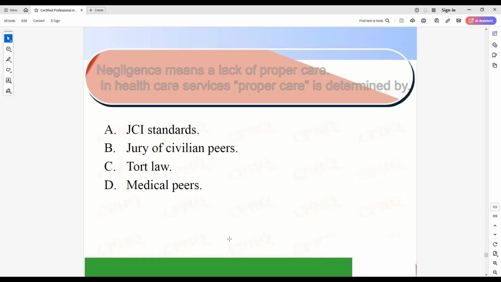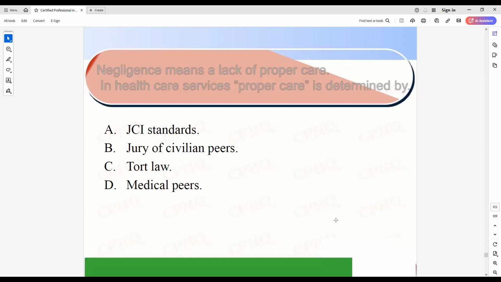Negligence means lack of proper care. In healthcare services, proper care is determined by JCI standards, a jury of civilian peers, tort law, or medical peers. I heard two answers. Who else?